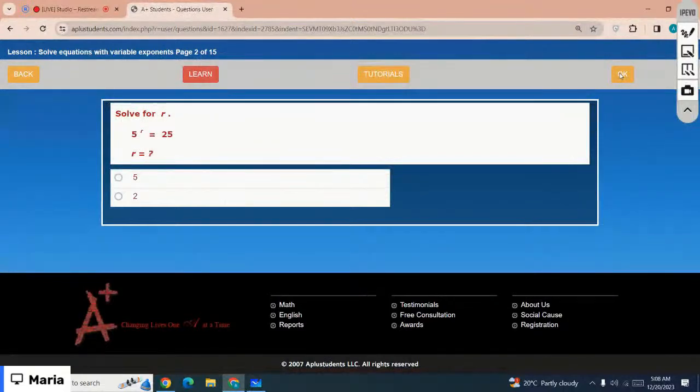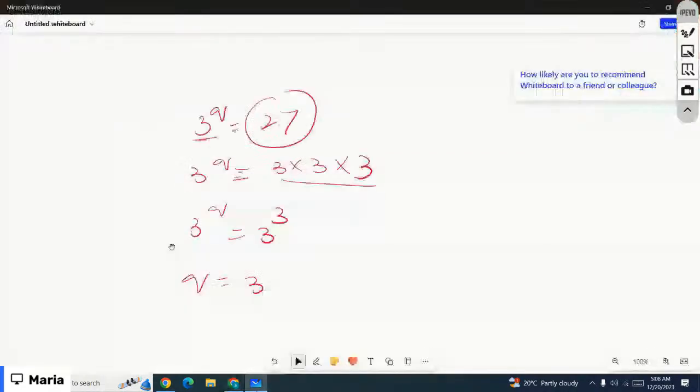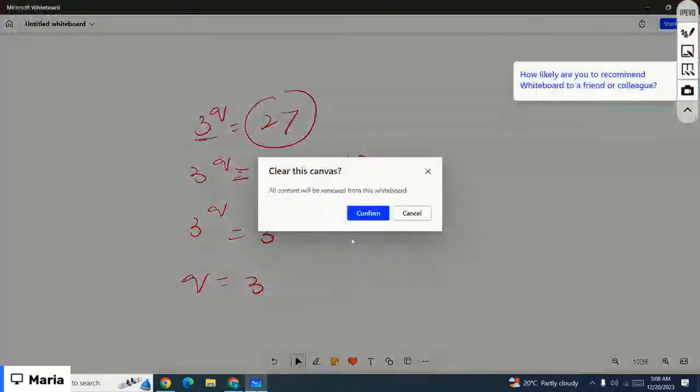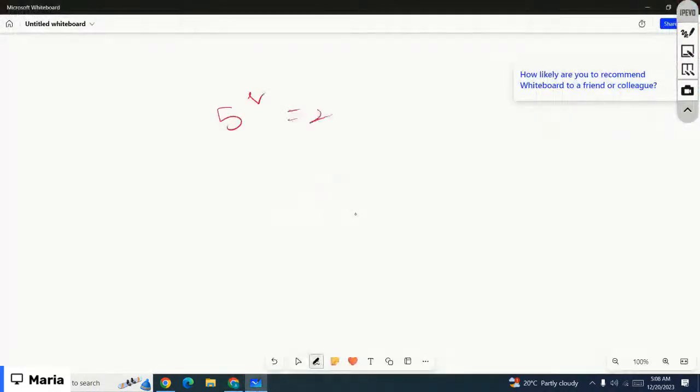The next one is solve for R. So how do you solve? You have 5 exponent R equals 25. Okay, so you can write 25 in the exponent form. How do you write? You can write it as 5 times 5, right?